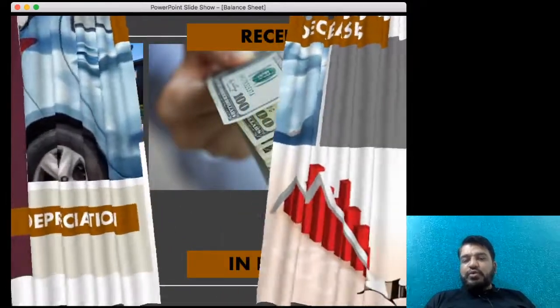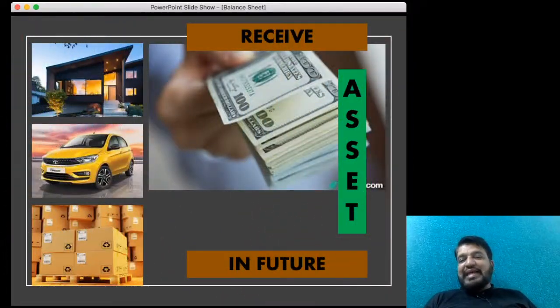Now let's look at what an asset is. An asset is basically cash or money value in the form of a building, a motor car, goods in hand, bills receivable, various other assets.